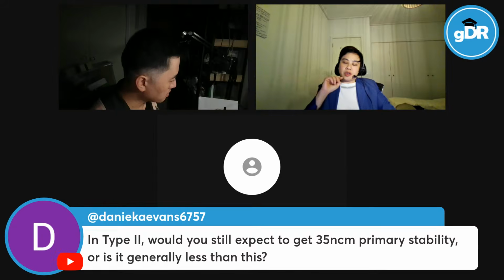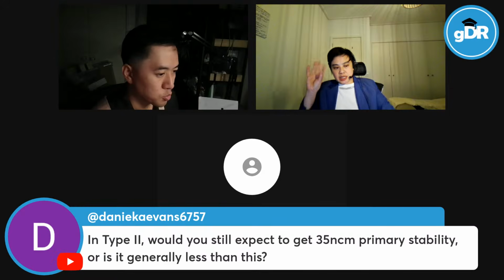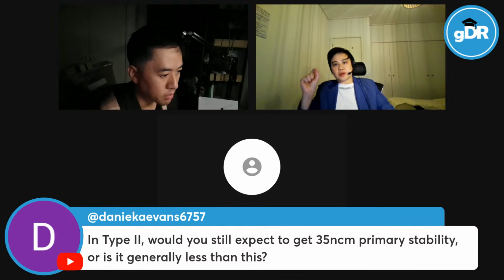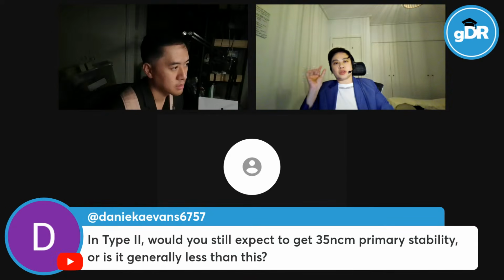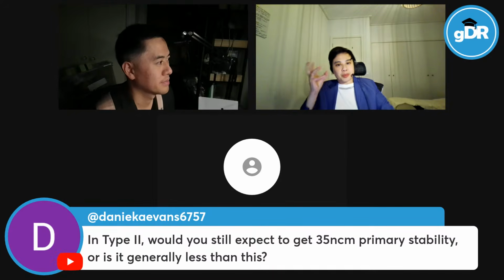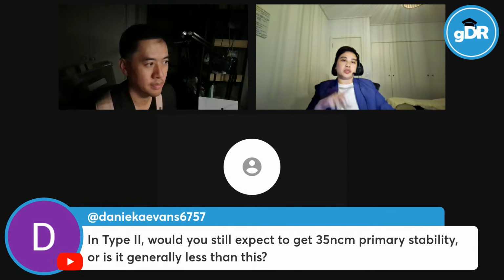But if you have soft bone and a drilling protocol where that particular implant allows you to under prep, then you can have a little bit more compression in the bone because you've prepared the hole slightly narrower, so there's more grip, more compression when you put the screw in. You can generate that primary stability by controlling your drilling protocol, how deep you drill and what size you finish with.